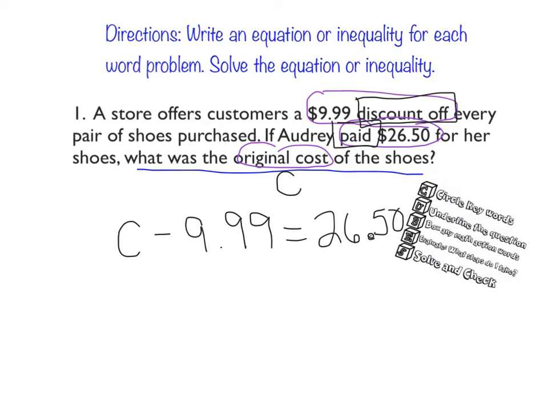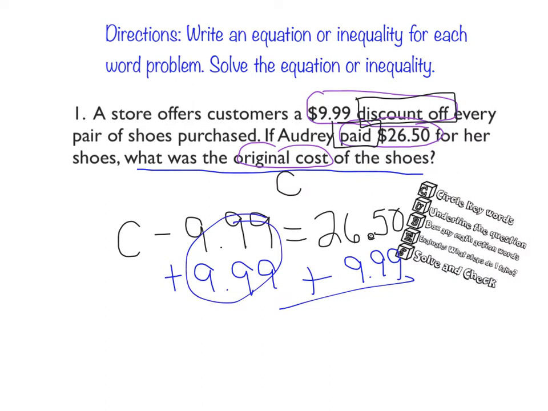To figure out C, you're going to have to get rid of the $9.99 by doing the inverse. So the inverse of subtracting is adding. So I'm going to add $9.99 to both sides. This will become 0 and cancel out, and you'll have C left.